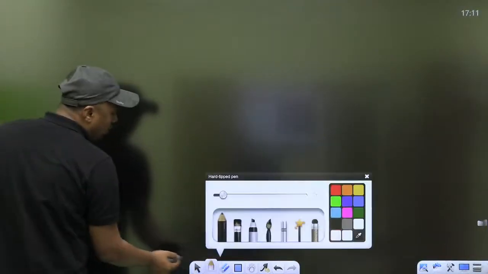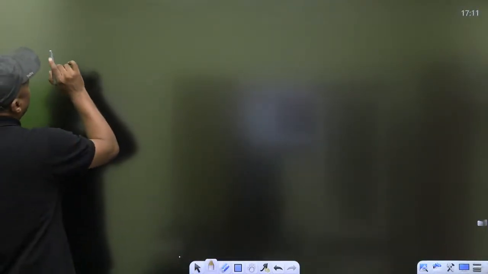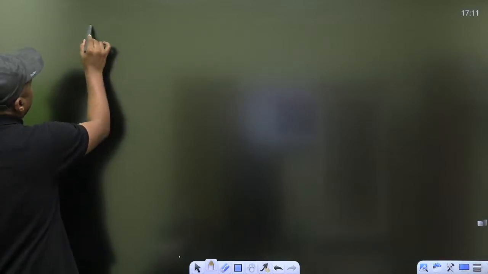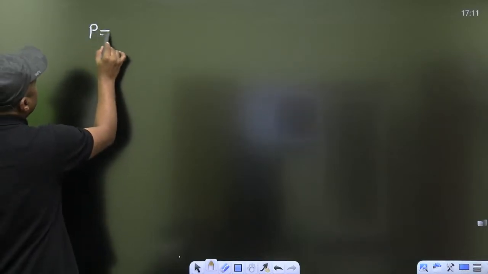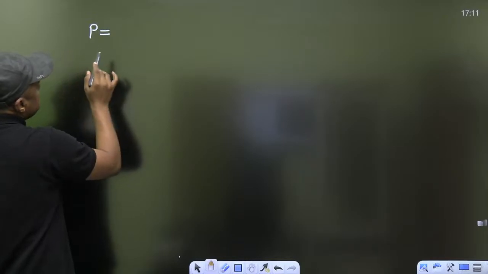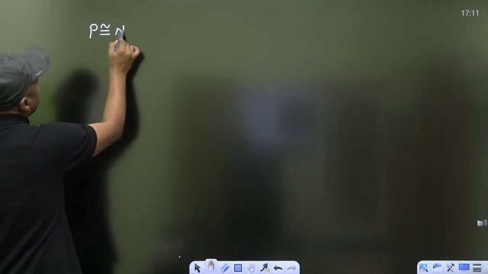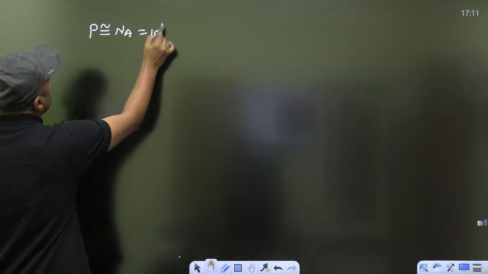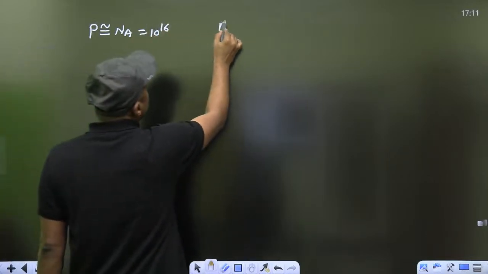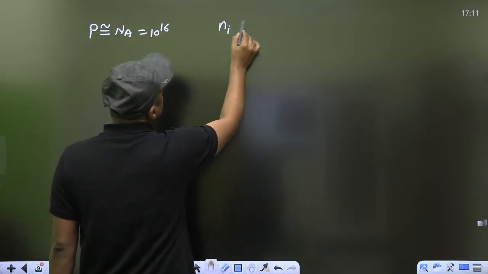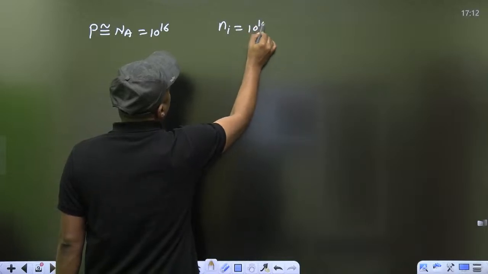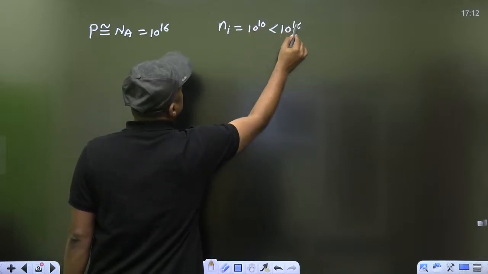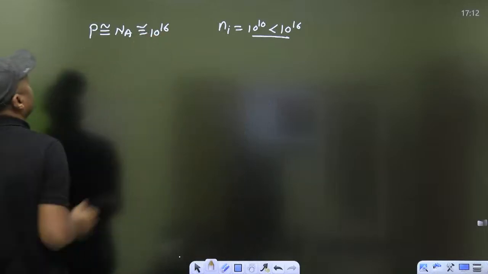Then how can we find the product? First of all, 100% ionization. So what is p here? p is nearly equal to what? Na, and that is 10 to the power 16. Why? Because the intrinsic carrier concentration, 10 to the power 10, is very small compared to 10 to the power 16, and that's why p is nearly equal to Na.